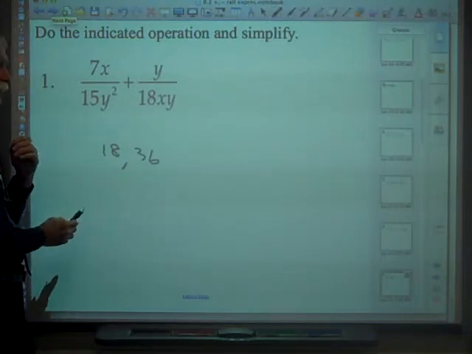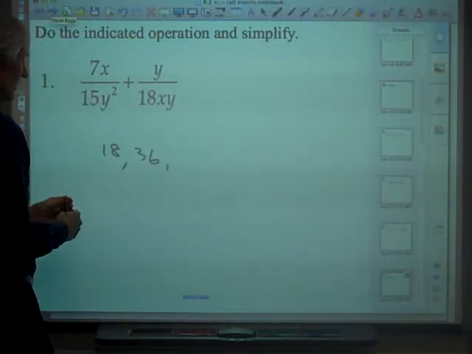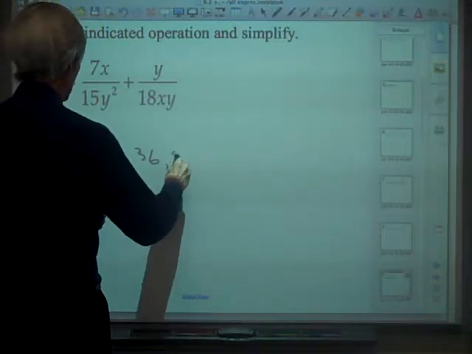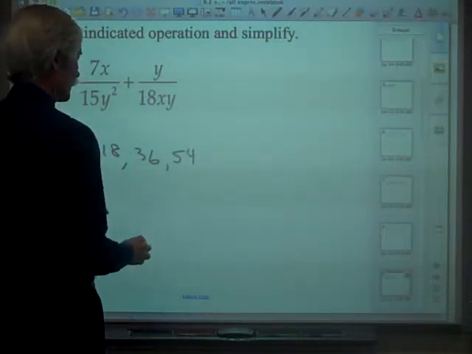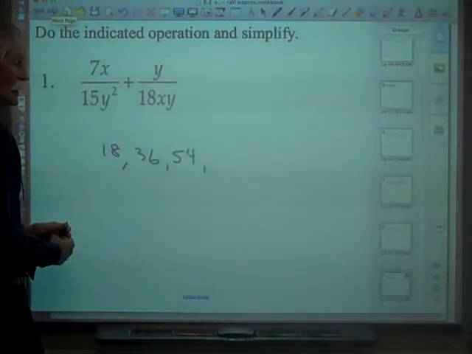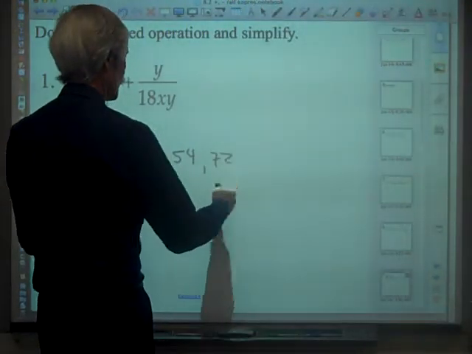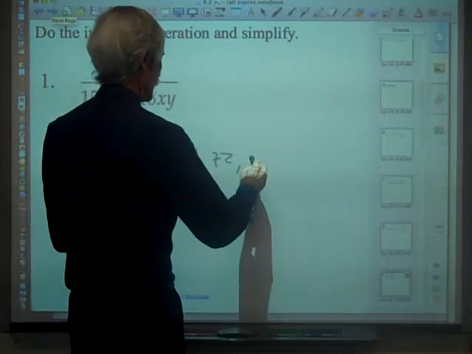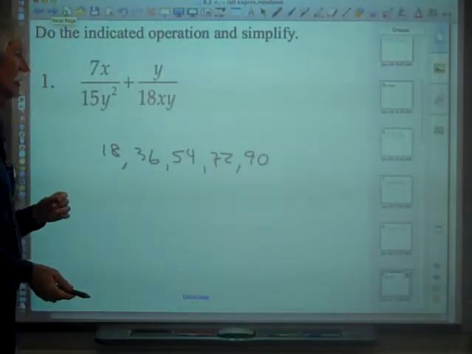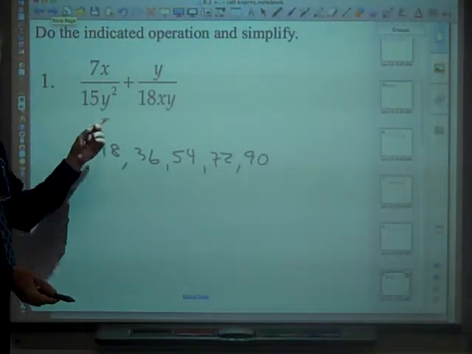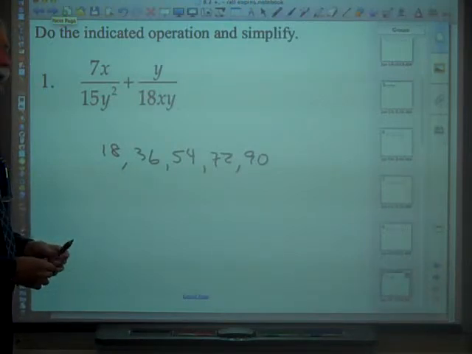Does 15 go into 36? No. What's the next one? 54. No. Next? 72. Can 15 divide that? No. 90. Can 15 go into 90? Yeah. Yay.